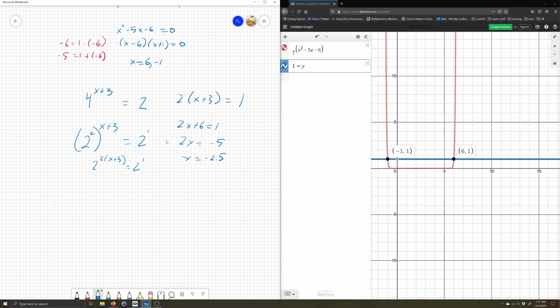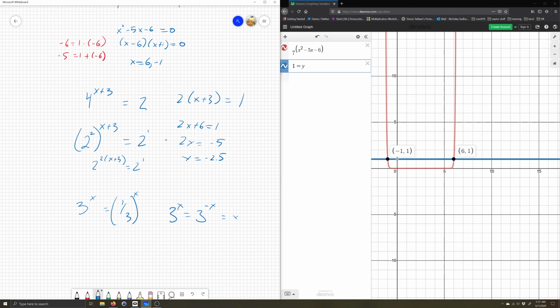And, you know, last but not least, if I gave you something like 3 to the x equals 1/3 to the x. Well, that says 3 to the x equals 3 to the negative x, since 1/3 is the reciprocal.